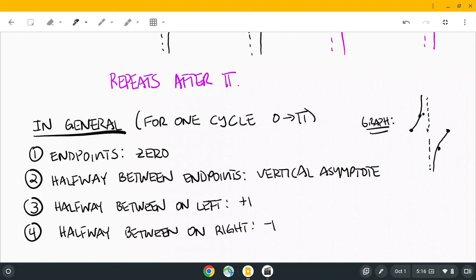And we know that this will repeat over here, where we get the upper half, then the asymptote, then the lower half, then the upper half, the asymptote, the lower half, and it just keeps on repeating.